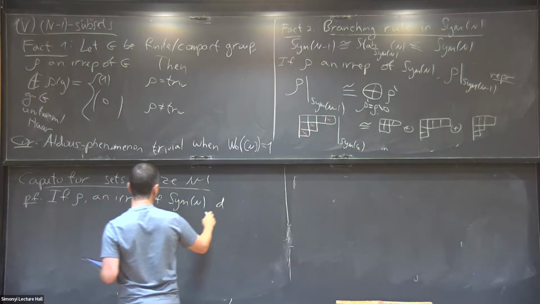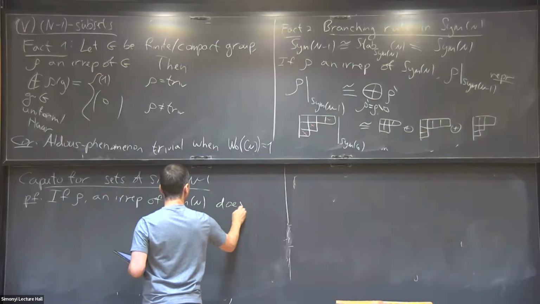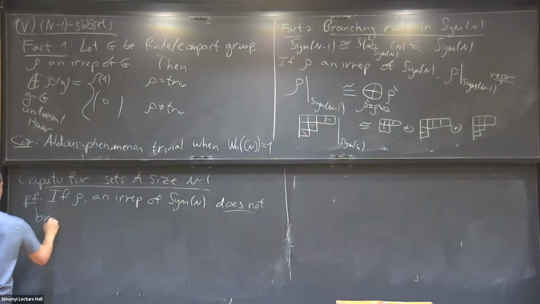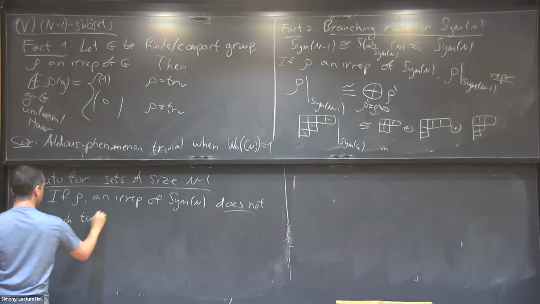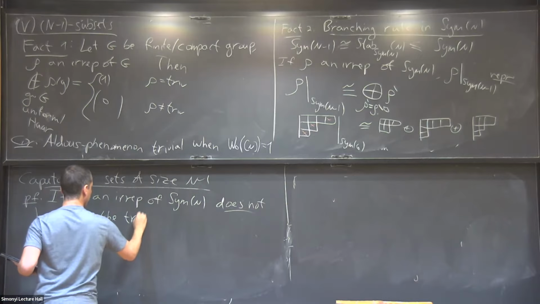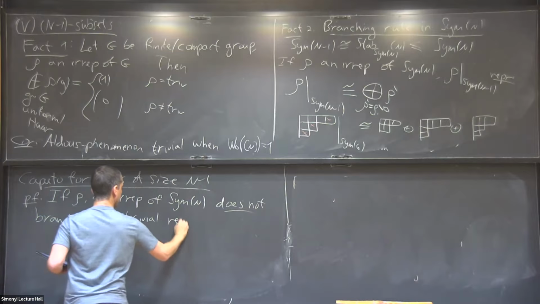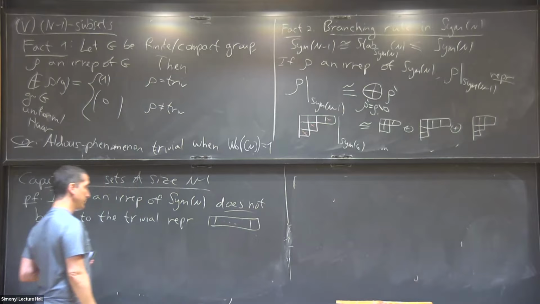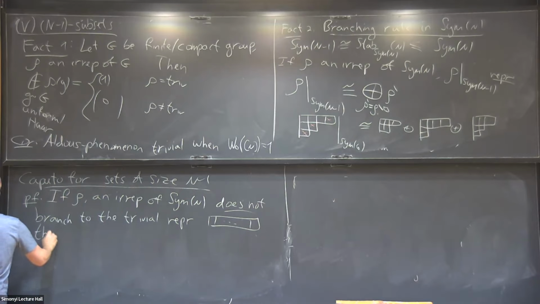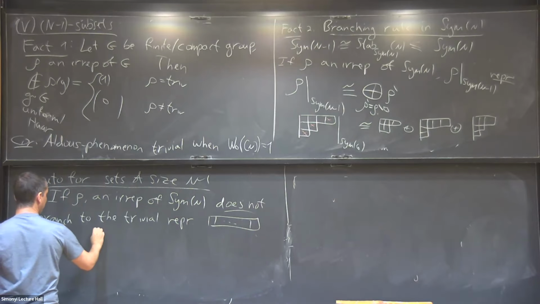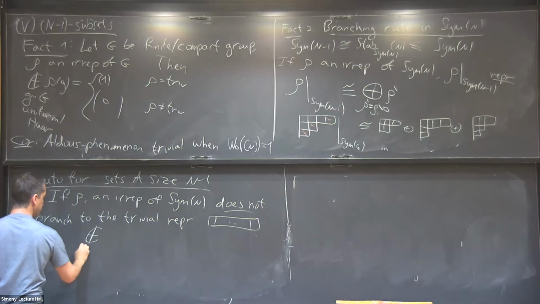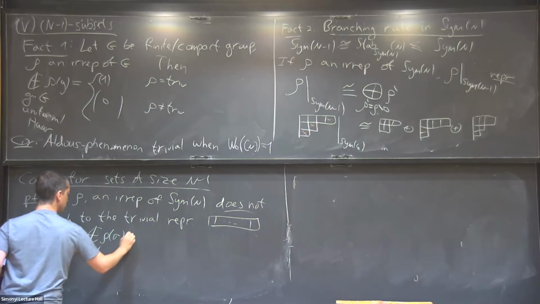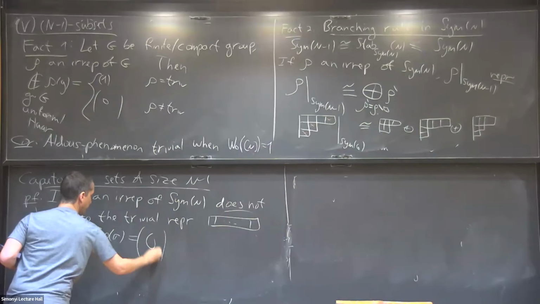So any irrep that does not branch to the trivial representation, which is this Young diagram, the expected value of all of this is just a matrix of zeros.